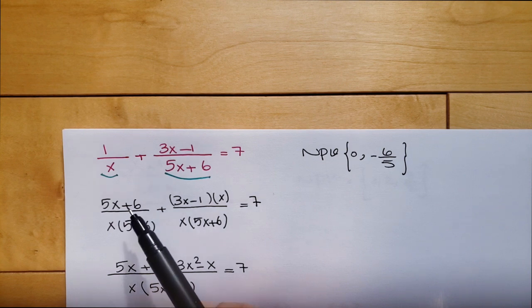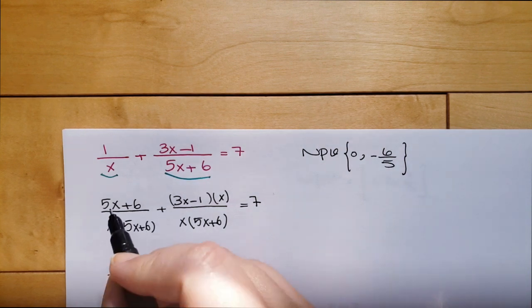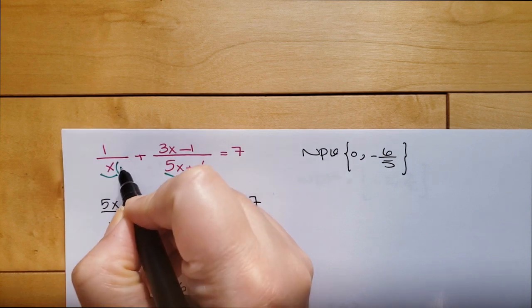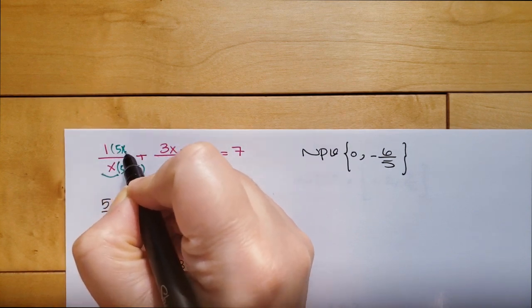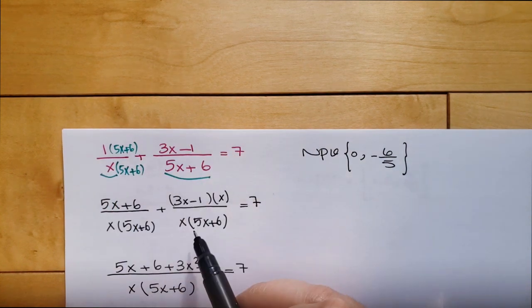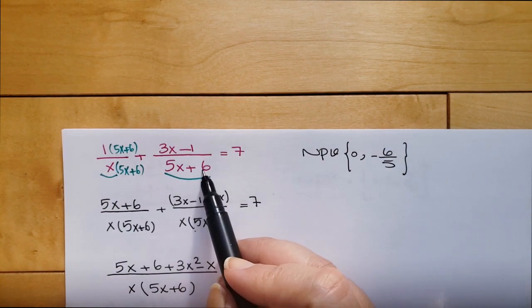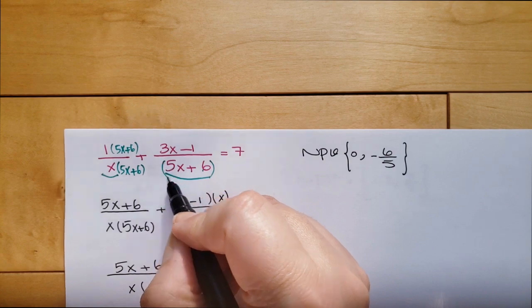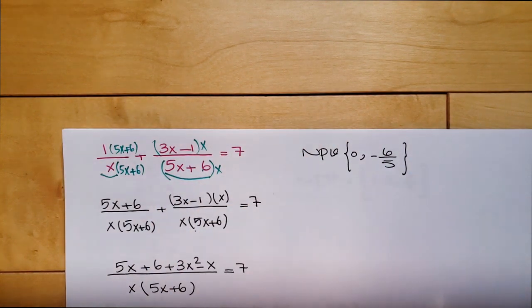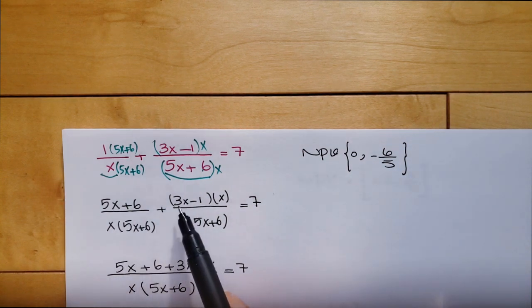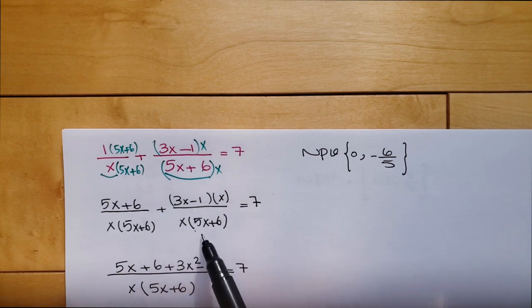In order to find the numerator, this fraction is actually multiplied by this value, right? And comparing this to this one, this fraction is multiplied by x. Okay, the next step would be adding these two fractions which have the same common denominator and simplifying.